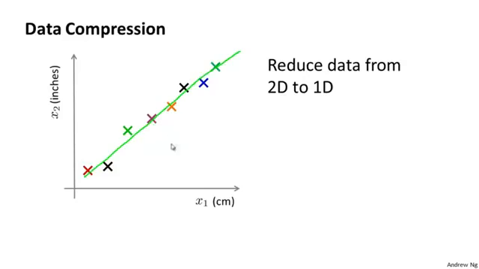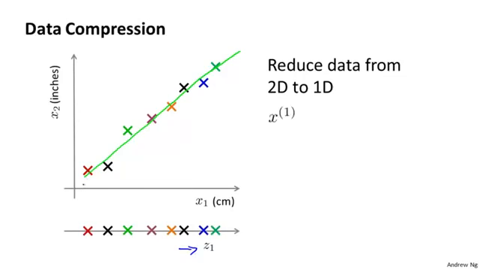And by doing so, what I can do is just measure the position of each of the examples on that line, and come up with a new feature, z1, and to specify the position on the line, I need only one number. So z1 is a new feature that specifies the location of each of those points on this green line.